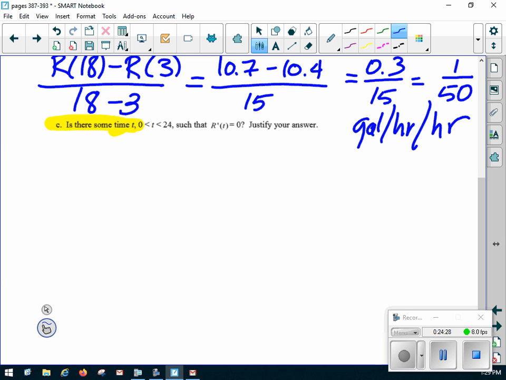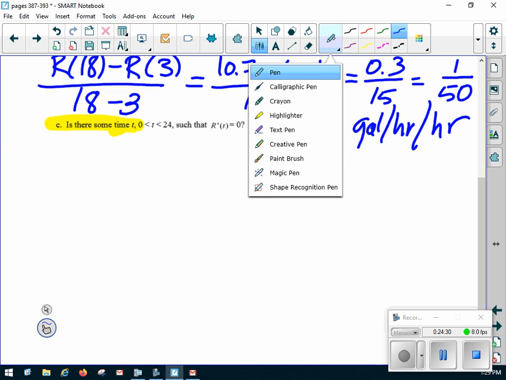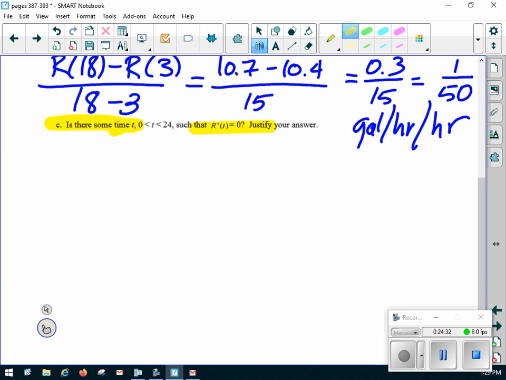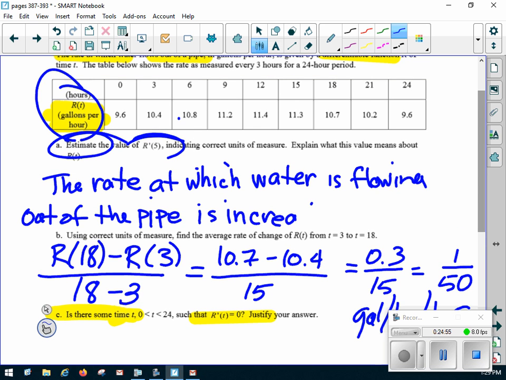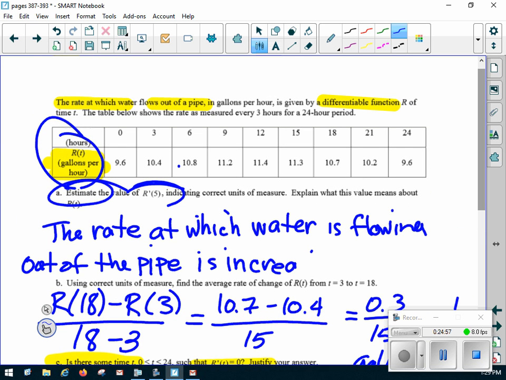Now, you've got to decide what theorem asks me about that. Rolle's theorem. What are the conditions for Rolle's theorem? I've got to see if that applies.